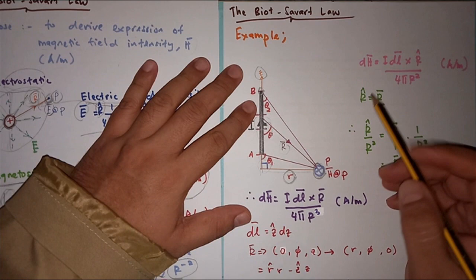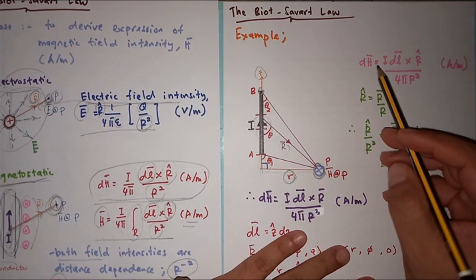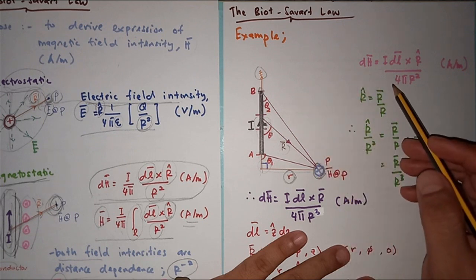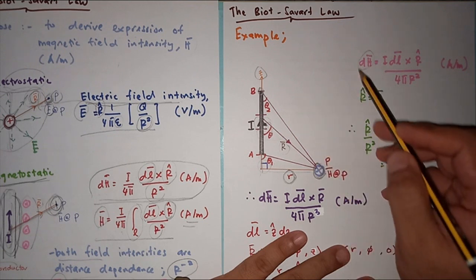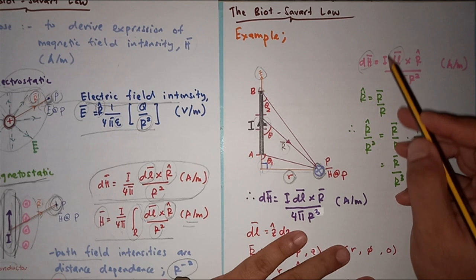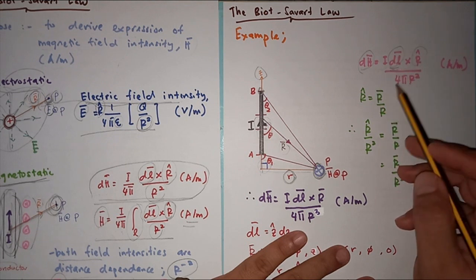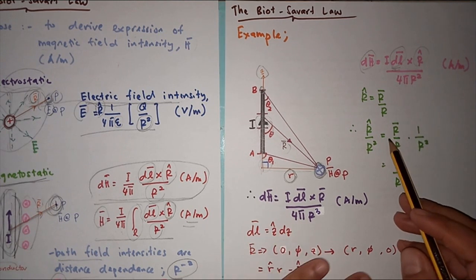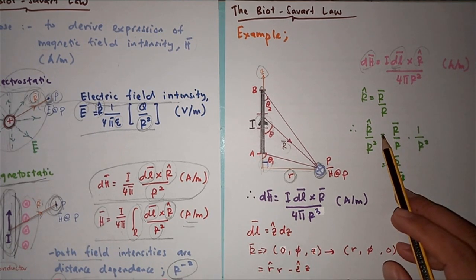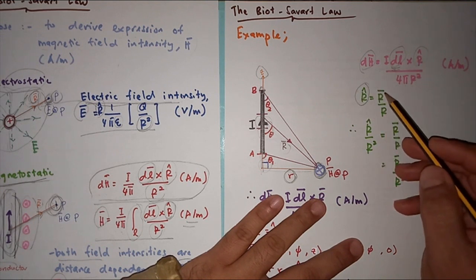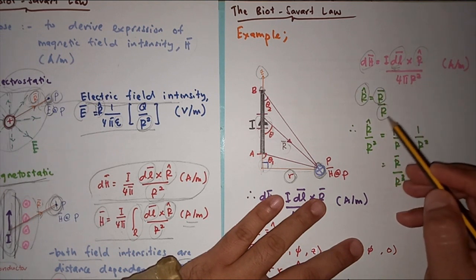Alright, by referring to the general expression for the magnetic field intensity from the Biot-Savart law, we have dH equal to I multiplied by the dl vector cross r cap, divided by 4 pi r squared. Similar to what we had in Coulomb's law previously, the unit vector is equal to the vector divided by its amplitude.